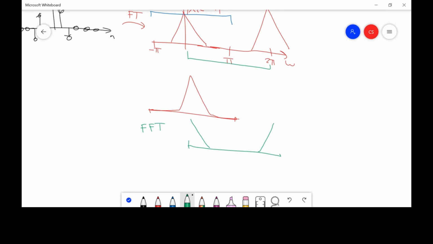So all the libraries go like this, or most of them. But as humans, we find it more difficult to see in this way. We prefer this one. So there should be a way of translating this one into this one. And this is called the FFT shift.